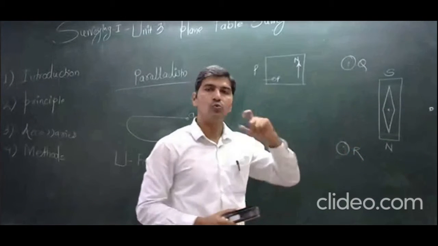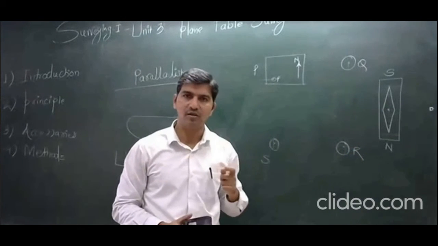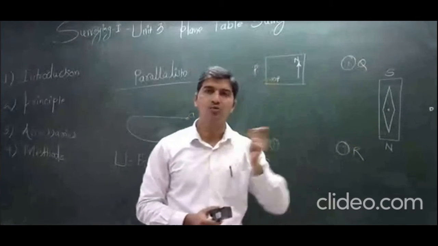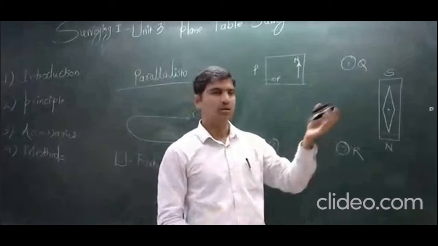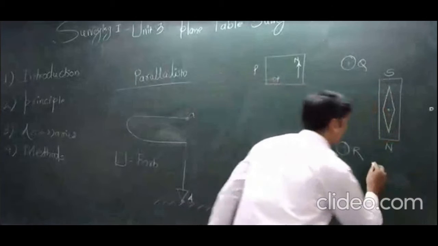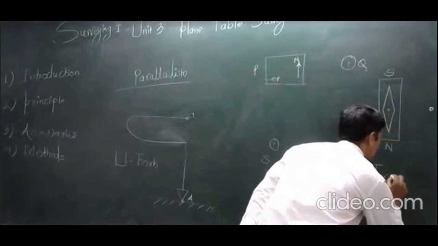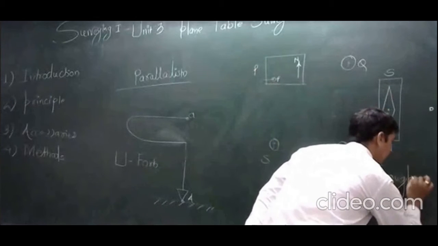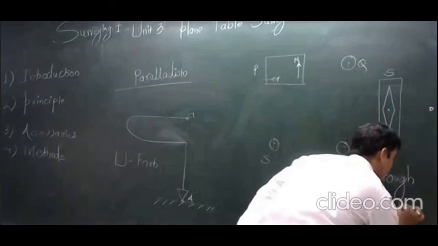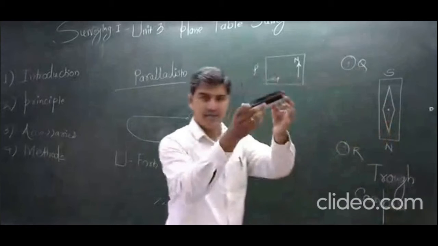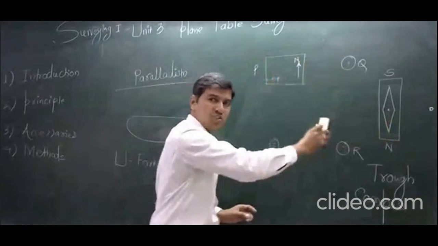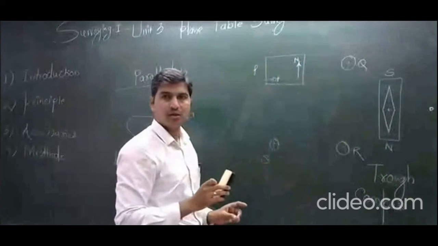Okay. So how to check whether we have achieved the exact north direction? Just simple. This box is called the trough compass. Just take that trough compass and put it on your drawing sheet on the plane table.